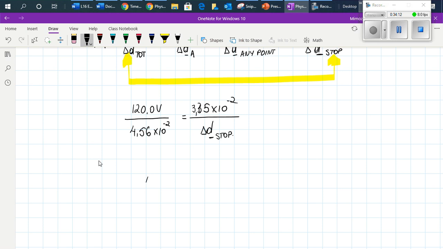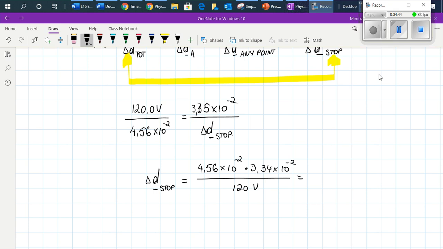That distance will be cross multiplied, so 4.56 times 10 to the power of negative 2 times 3.35 times 10 to the power of negative 2 over 120 volts. Enter this in your calculator and we will compare the values.